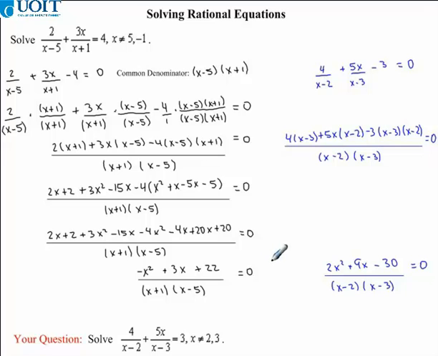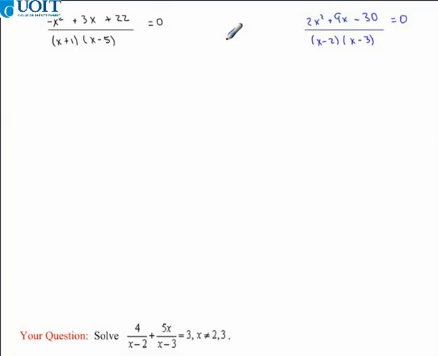Because I ran out of room, I'm just going to scroll down a bit to give myself some space. So this is where we ended off. From this step, it should become clear why we want our equation to equal 0. In order to have our fraction equal to 0, the numerator itself must be equal to 0.